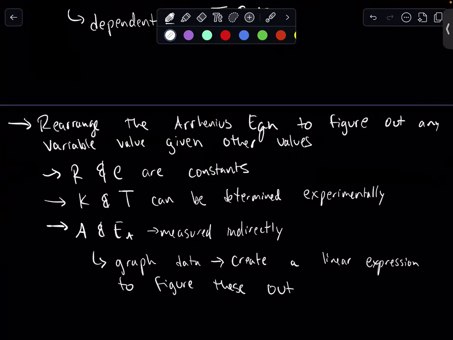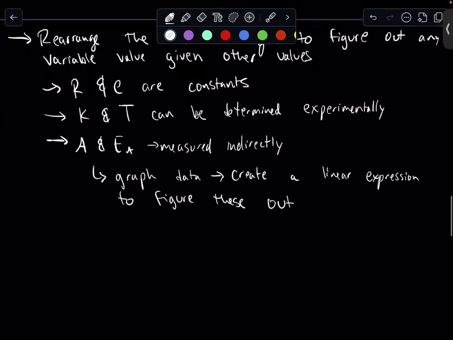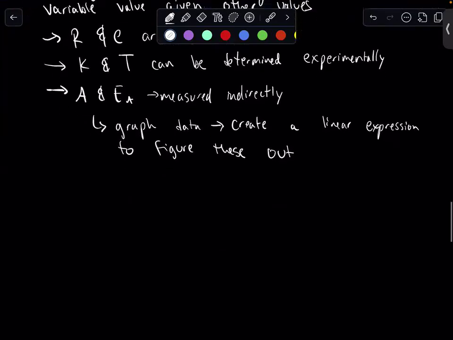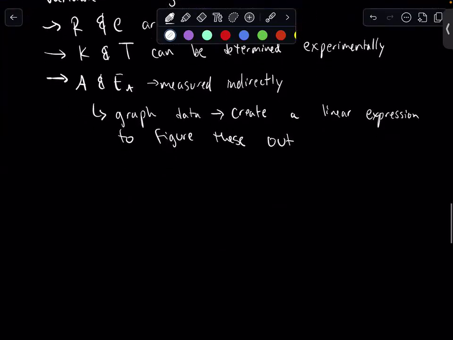It sounds weird because we have such an odd equation, but we're actually going to be able to turn our Arrhenius equation into a linear expression that we can then use to measure what the individual variables of our Arrhenius factor and activation energy are.